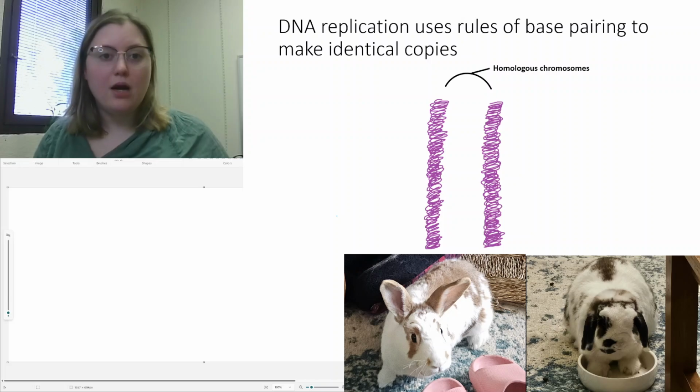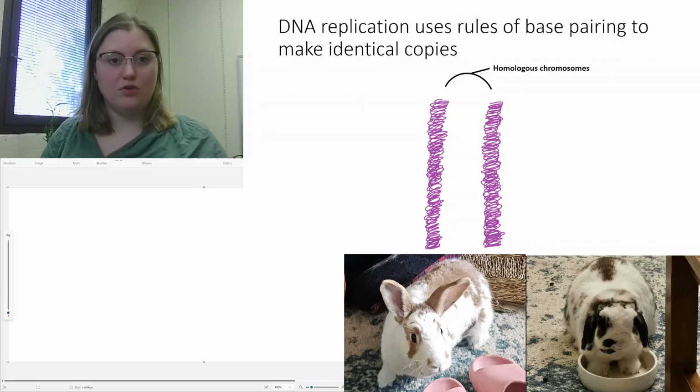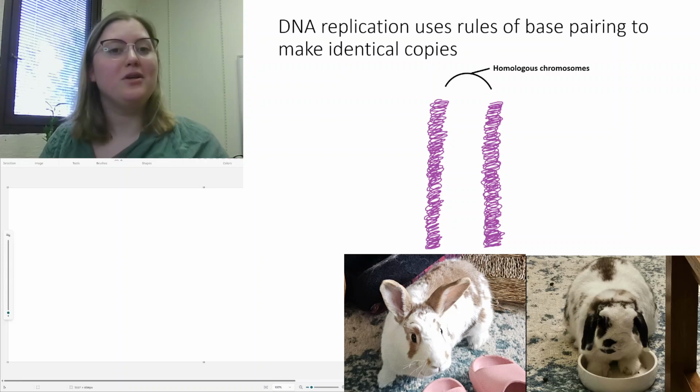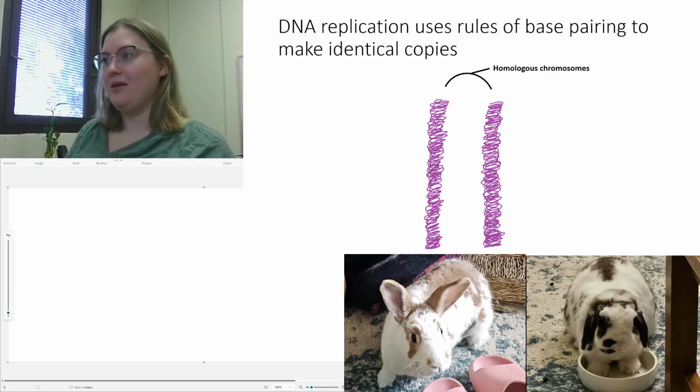Now, we're going to talk about the difference between homologous chromosomes and sister chromatids. When DNA is tightly coiled, we call that chromatin. Both of these words start with the chroma prefix because they are made of chromatin.